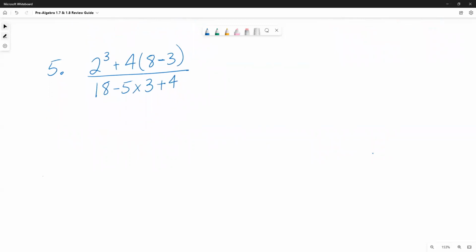All right, so I will get you started here. Remember to always separate this out. You need to simplify your numerator and then simplify your denominator. Then plug them back into a fraction and see if you can simplify again.